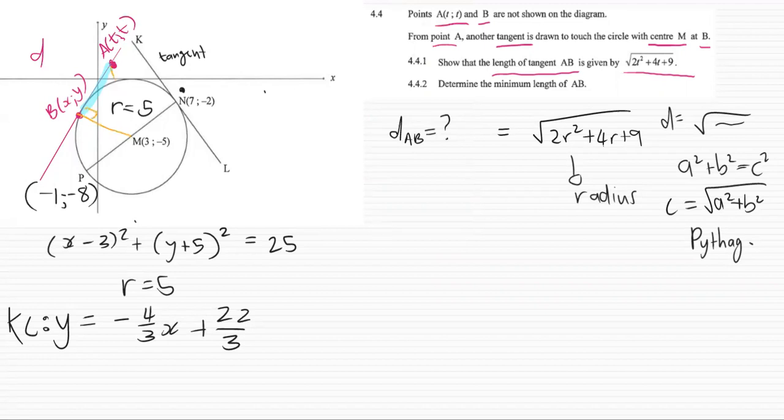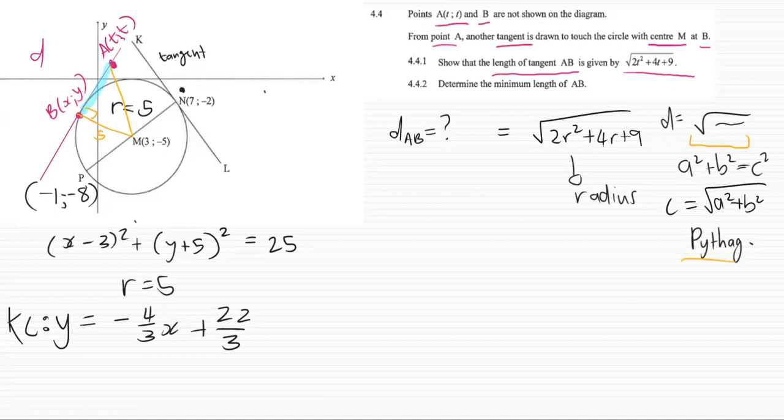If we make a Pythagorean triangle here, we can easily get the distance BM. It's 5 because it's the radius. That's the only information I can see there so far.